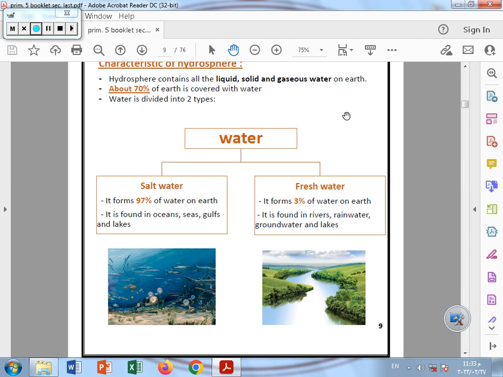The salt water forms about 97% of the water on earth, and we can find the salt water in oceans, seas, gulfs and some lakes. And the fresh water forms 3% of water on earth, and it can be found in rivers, the rainwater, groundwater, lakes and streams.